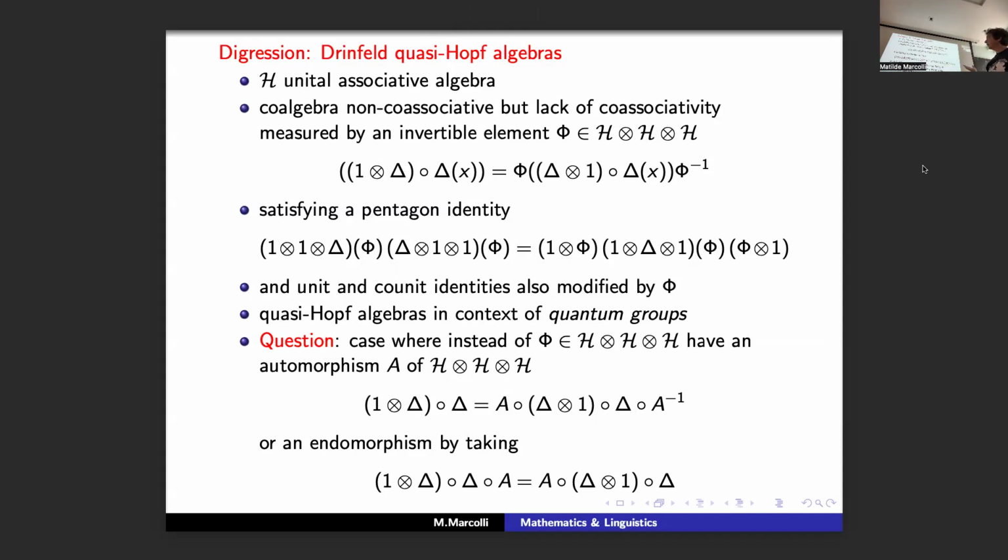These were introduced by Drinfeld to model quantum groups, the deformations of Lie groups as symmetries of quantum spaces. In that setting, the co-associativity relation of a Hopf algebra is corrected by conjugating by an invertible element in the triple product of H. Usually these Hopf algebras are not commutative, and these elements have to satisfy a certain relation with the coproduct, which is this pentagon identity.